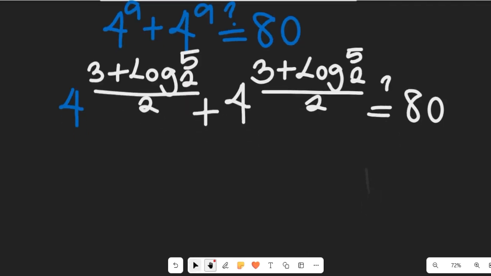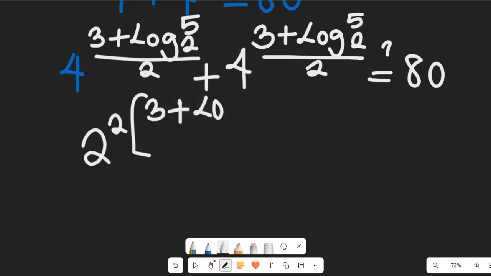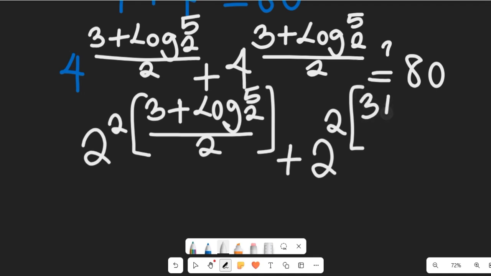Now, if you check this very well, you can see that I can simplify this to give me 2 to the power of 2, right? And all these will multiply 3 plus log of 5 base 2 divided by 2, and this will give me plus 2 to the power of 2 multiplying 3 plus log of 5 base 2 divided by 2.